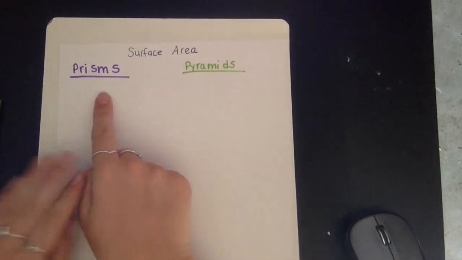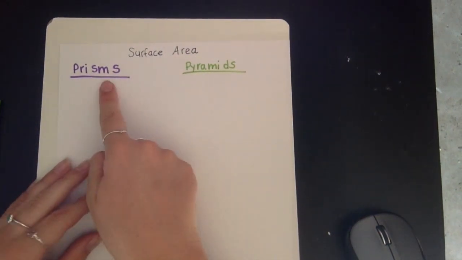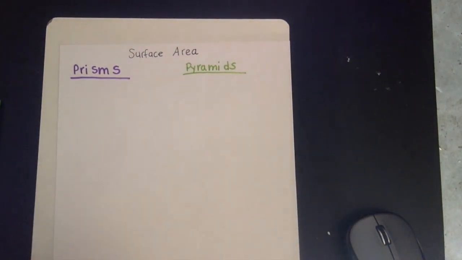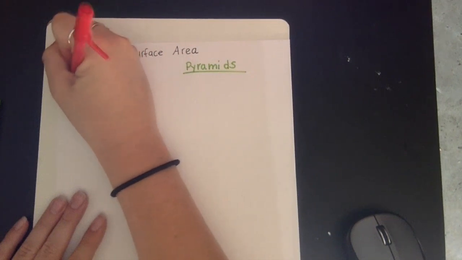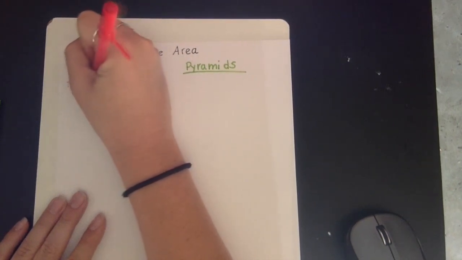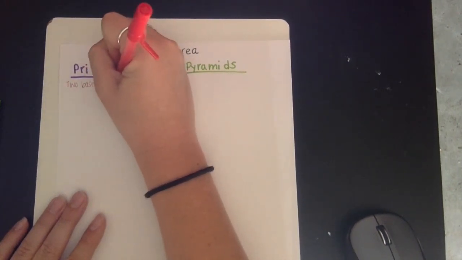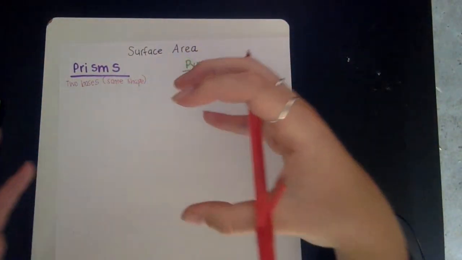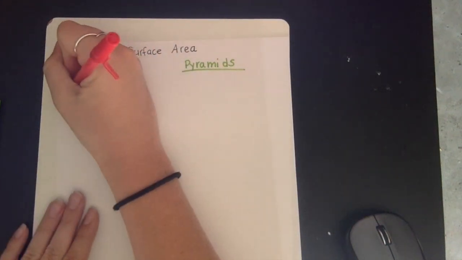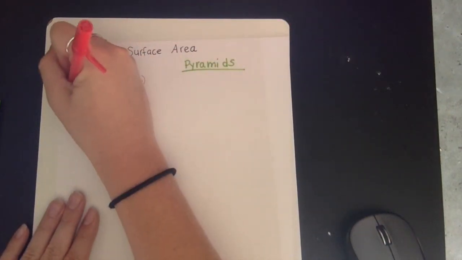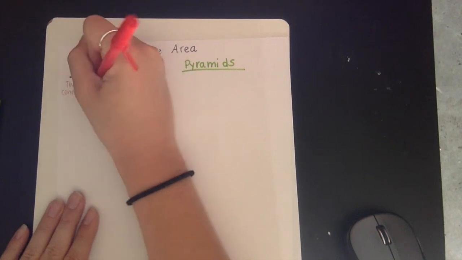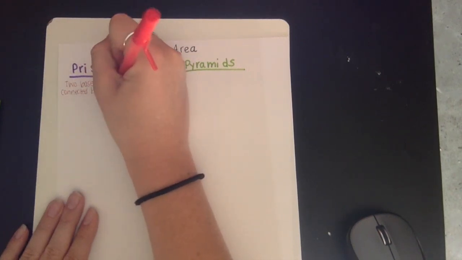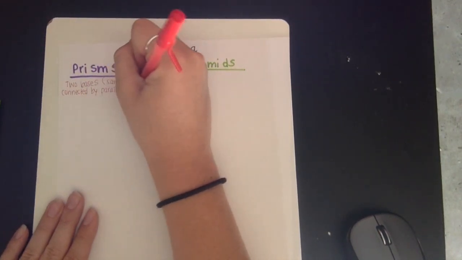So we've been talking about prisms. How do I find the surface area of a prism? Now, a prism, basically, you think of a shape, for instance a rectangle, and a prism has two bases that are that shape. So two bases that are the same shape. And those two shapes are connected by parallel lines.